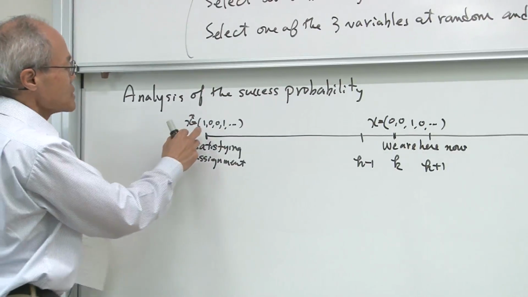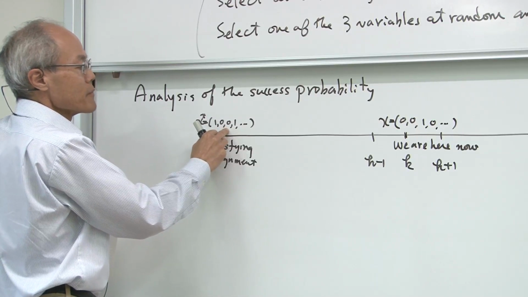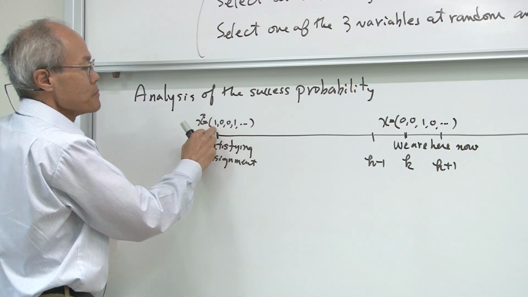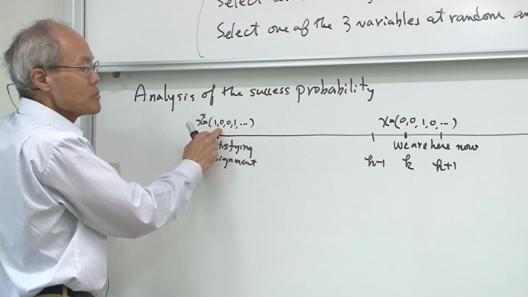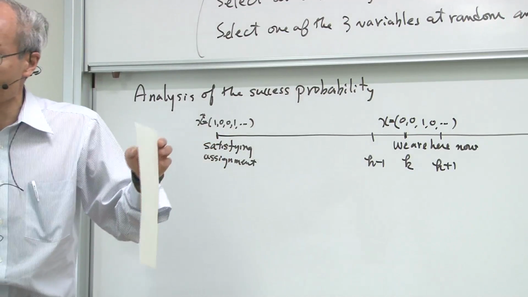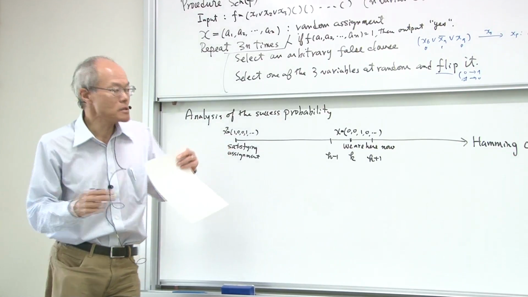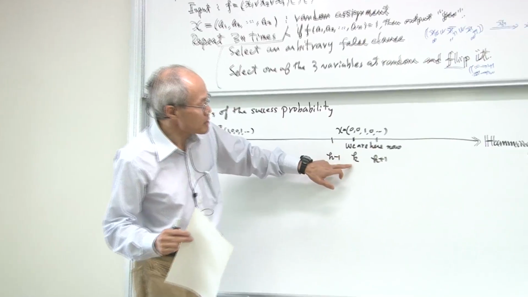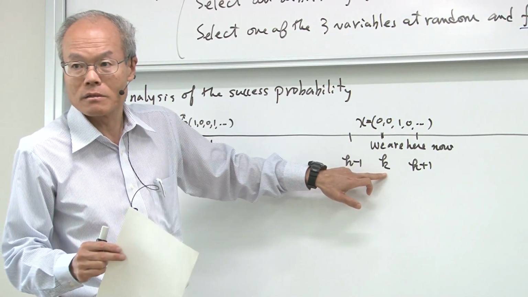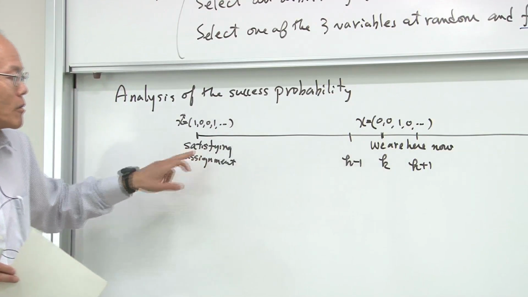The first bit is different. The second bit is the same. The third bit is different. The fourth bit is different. So you just count the number of different bits. That is the Hamming distance. If you are here now, it means k bits are different from your final goal.